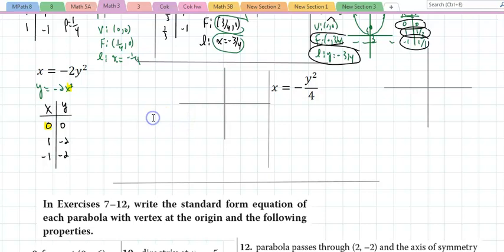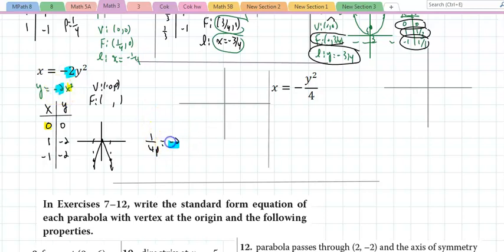But now, if I look at how this graph looks, again, this is a rough sketch. You could do it on 0, 0, 1, negative 2, negative 1, negative 2. So something like this. No biggie. The vertex is at 0, 0. And the focus, I will take 1 over 4p, set it equal to the leading coefficient, which is a negative 2.